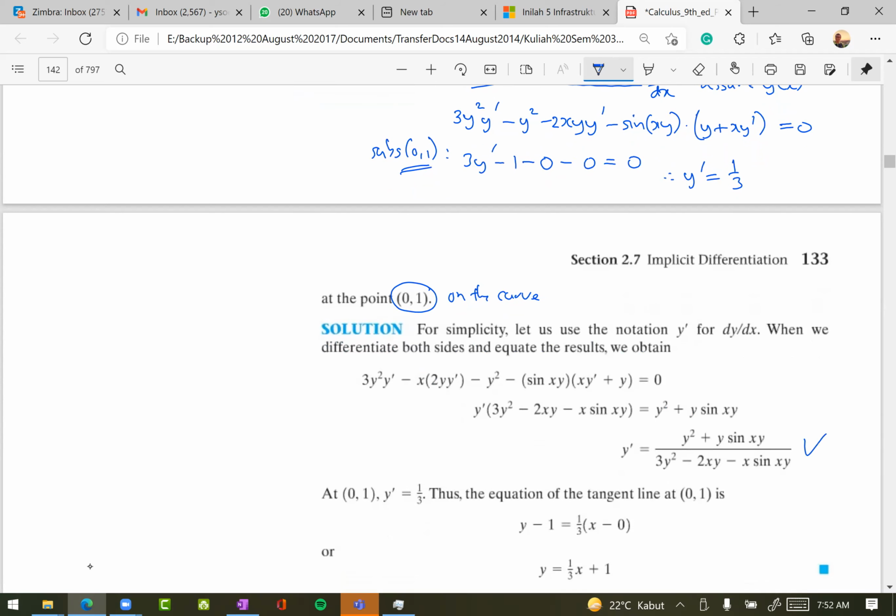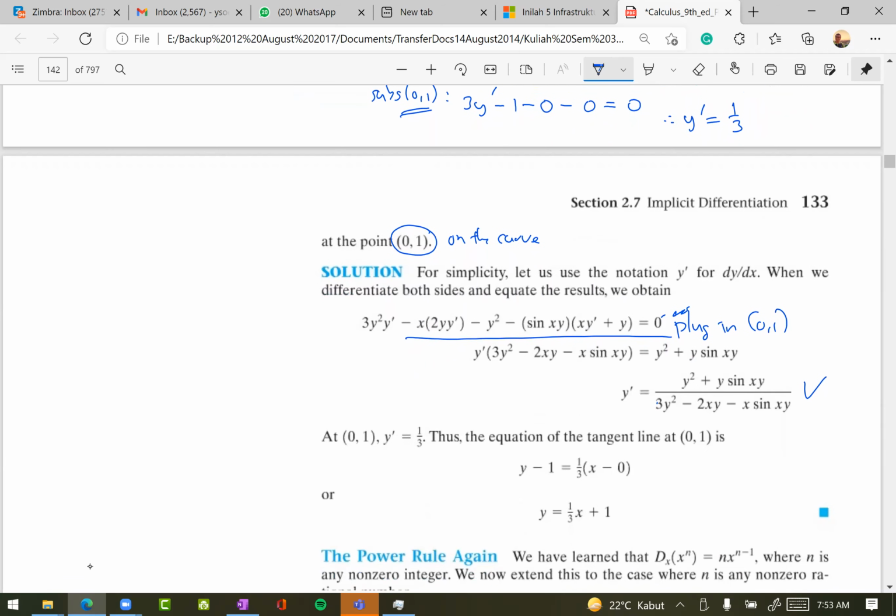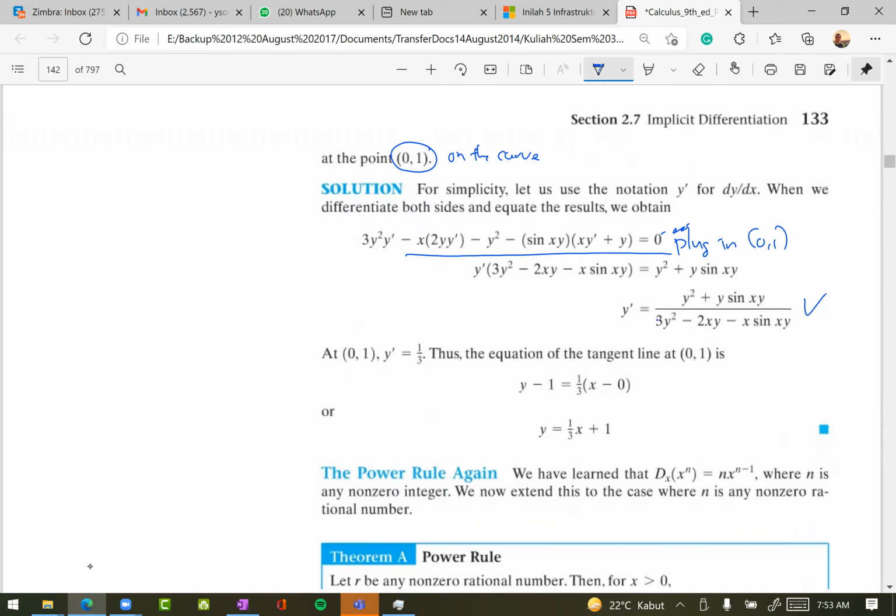This step is kind of redundant, so you don't need to do this one. You can plug directly into this one. You don't need to plug in 0, 1 here, but in this step. So that's implicit differentiation.